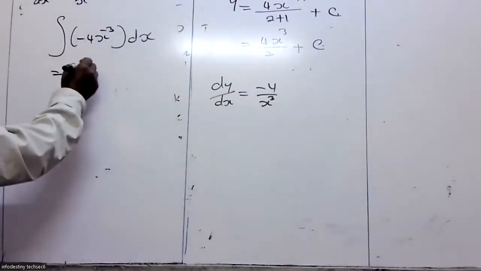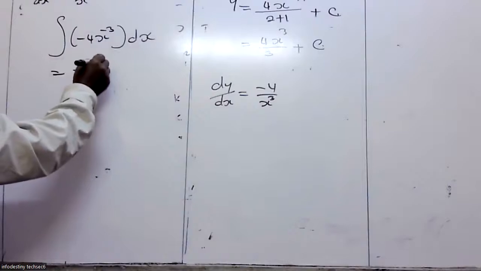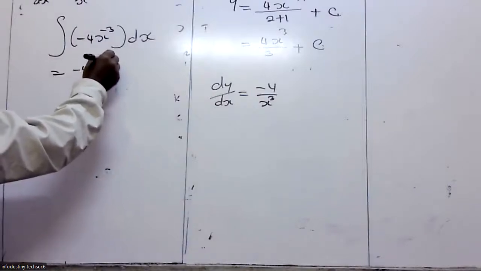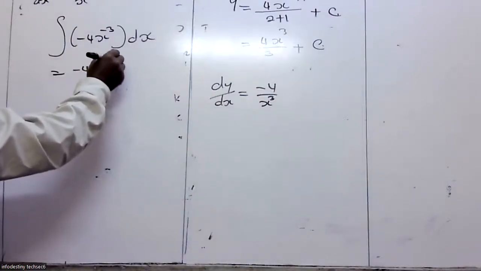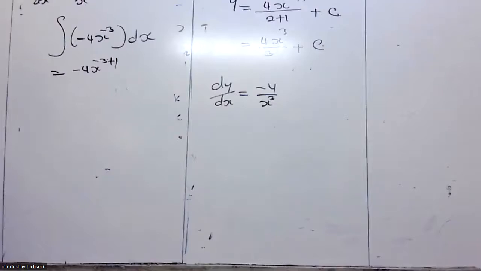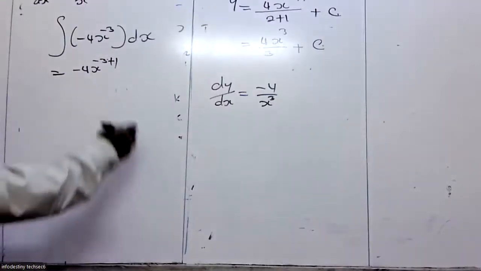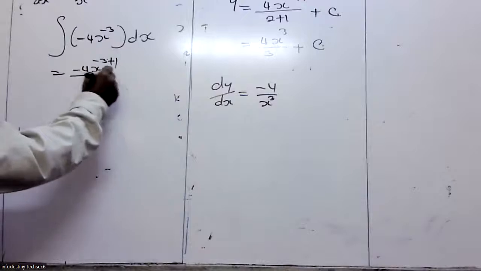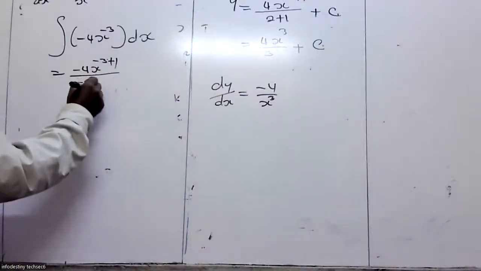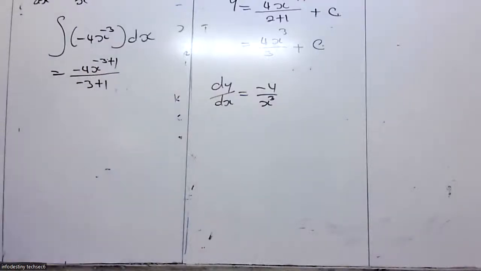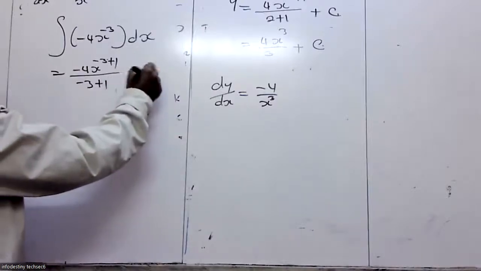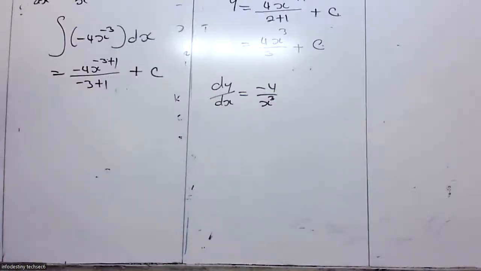Which is the same as -4 x raised to -3 plus 1. Then we divide by -3 plus 1, plus C. So this and this is going to give us -2.